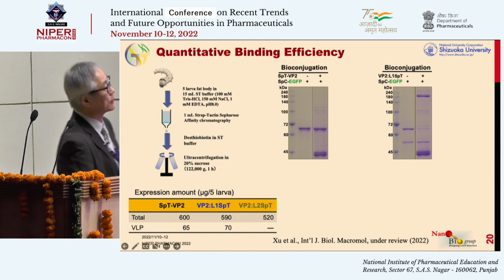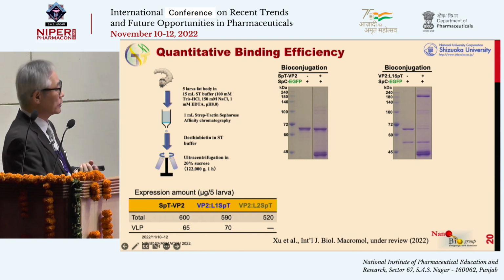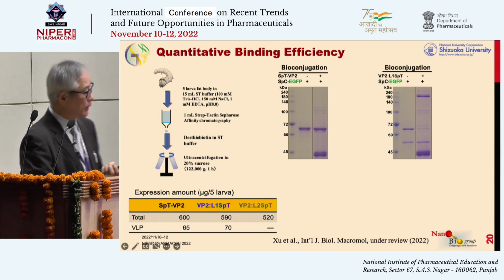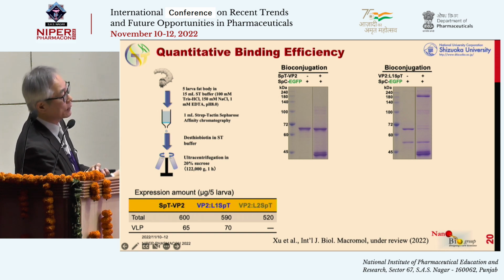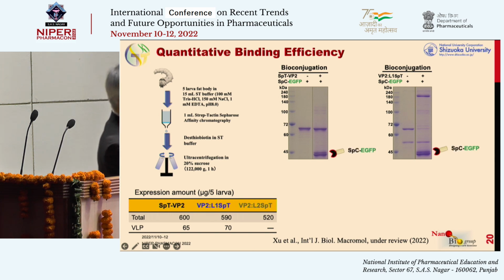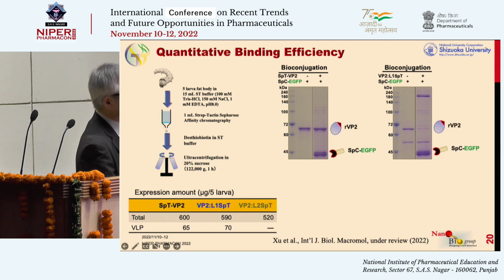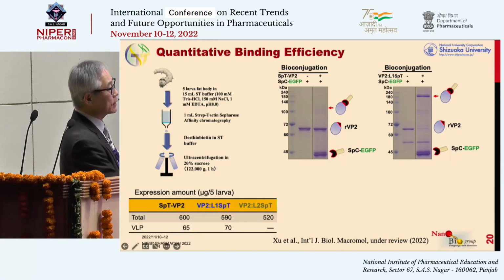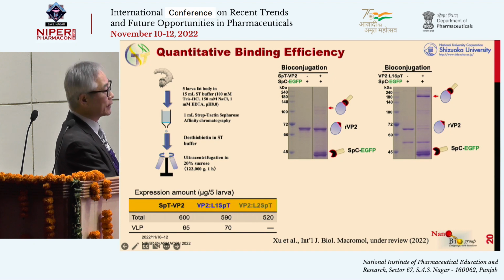Bioconjugate. Here, this one is SPT VP2. We put a SpyTag at the loop 1 site here, and express a conjugation partner here, and VLP is also expressed here, and then these two proteins are bioconjugated. This one has a very thin band intensity here.